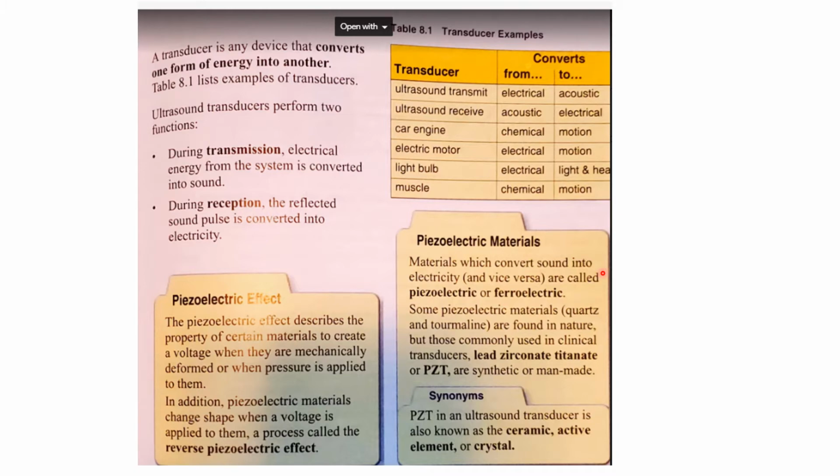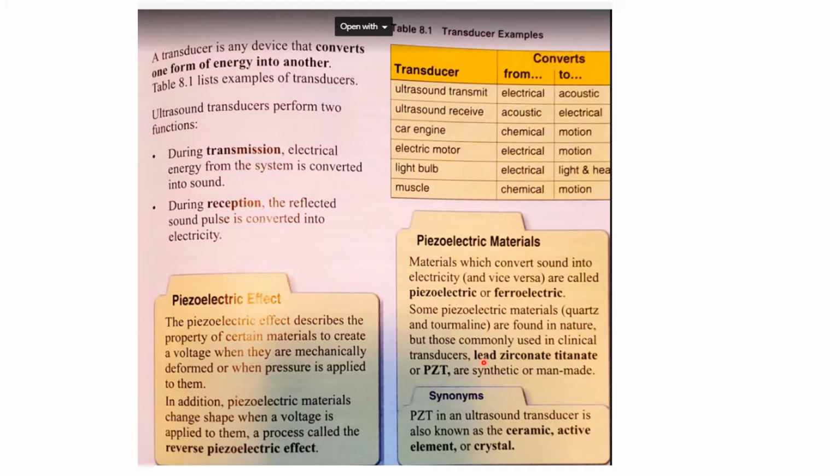The materials which convert sound into electricity and vice versa are called piezoelectric or ferroelectric, standing for iron electric. Some of these materials, quartz and tourmaline crystals, are found in nature, but those commonly used in clinical transducers are lead zirconate titanate.